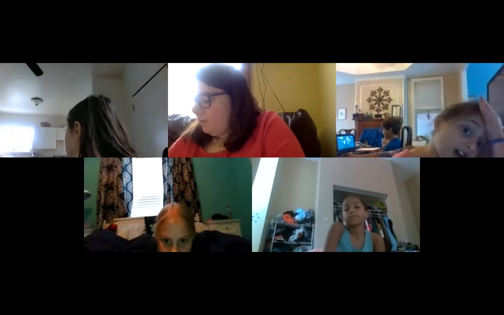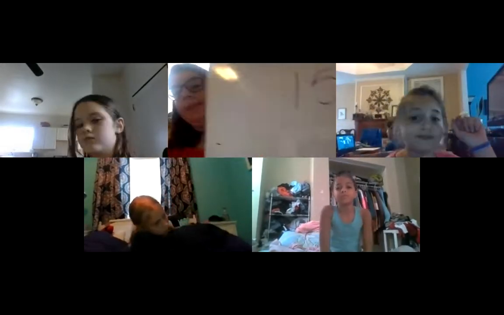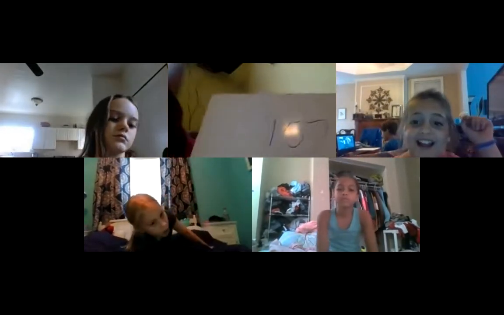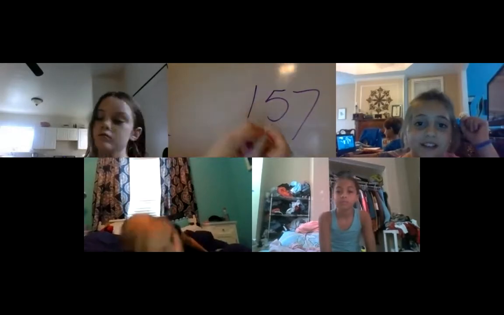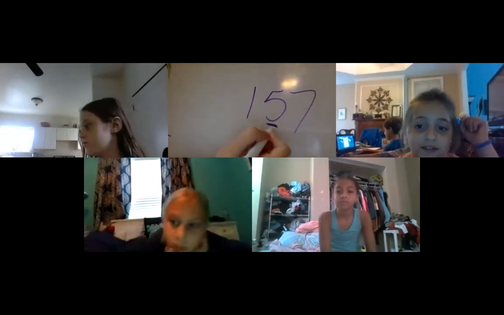Quick review. All right, so when we're looking at our place value, if we have a number 157 and we want to round it to the nearest 10, well, this is our tens place.